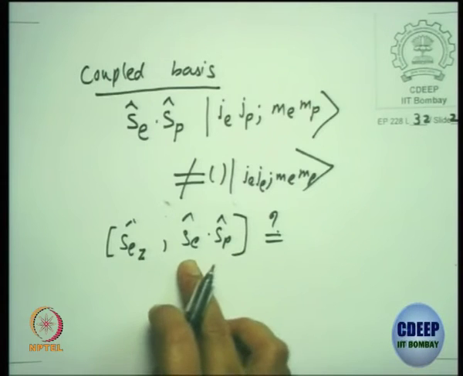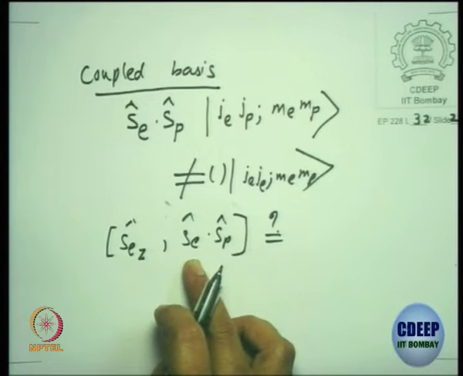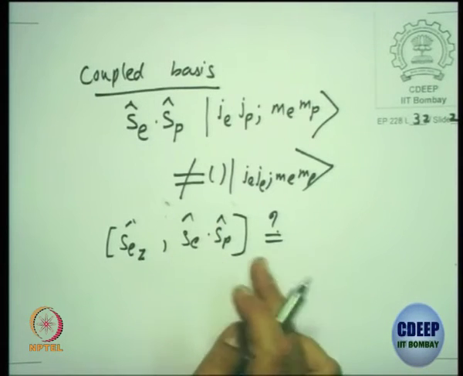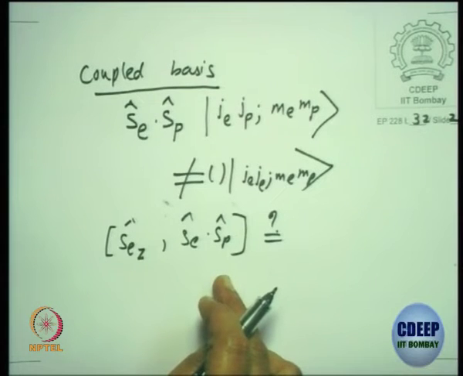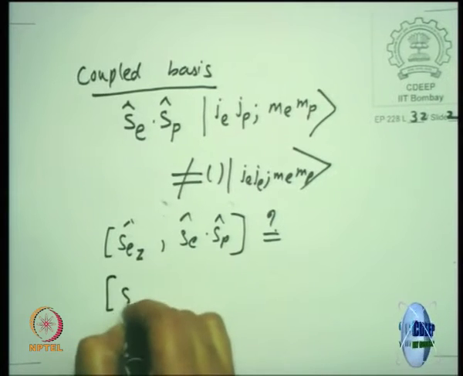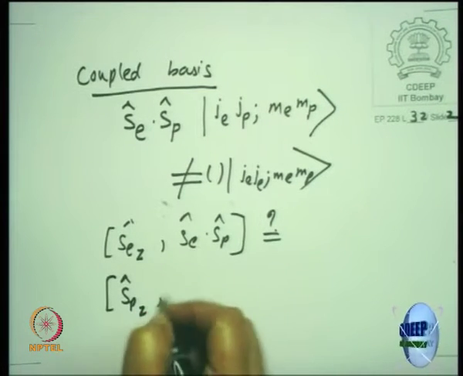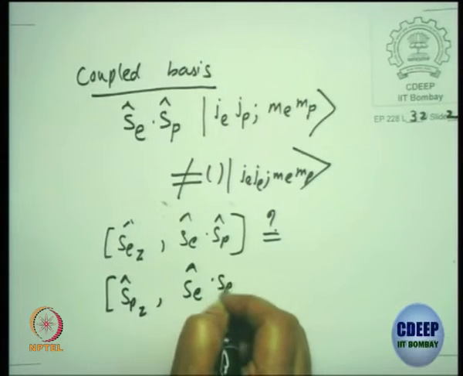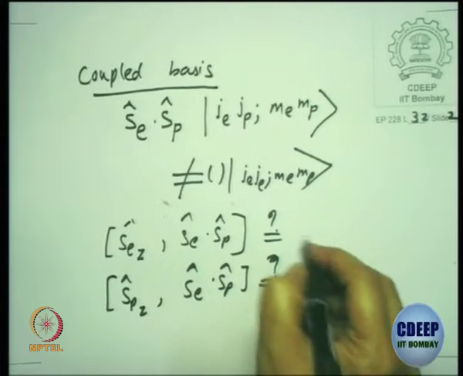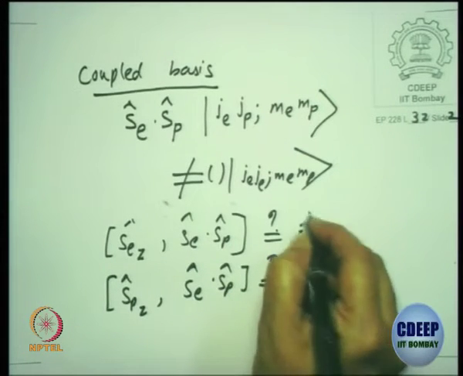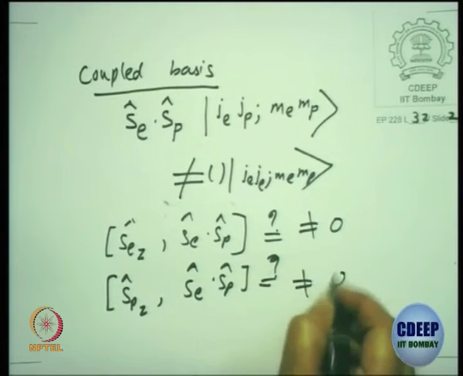What we have to worry about is only the electron spin operator. Does this commute? It doesn't commute. Similarly, if I take the proton operator Z component with Sc dot Sp, does this commute? So this is not equal to 0. This is not equal to 0.